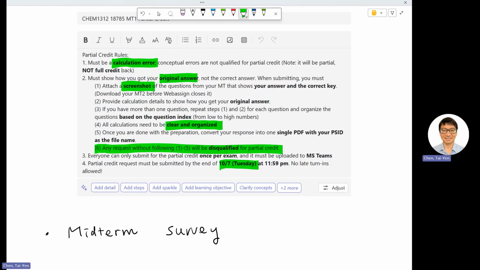If you go to Teams, there's a tab called Assignment. You click Assignment, then you will see this post. Then you can upload your work there.